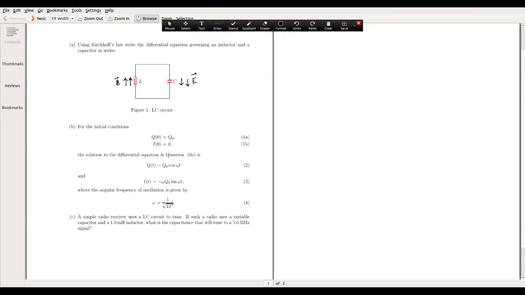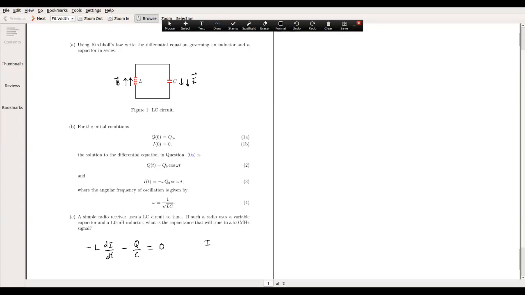Kirchhoff's law tells us that the potential difference across the inductor, that's L dI by dt, and the potential difference across the capacitor are overall equal and opposite. So together they are equal to zero.